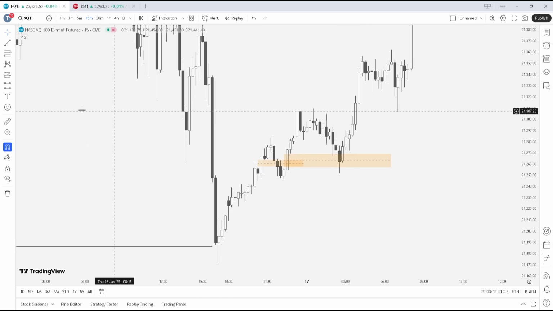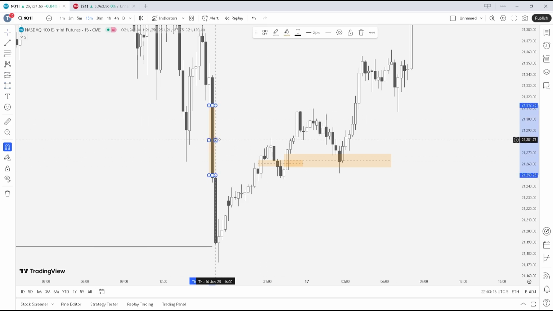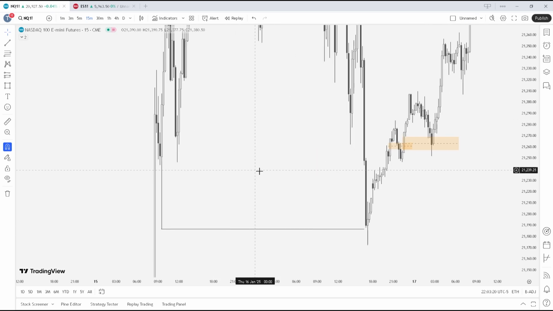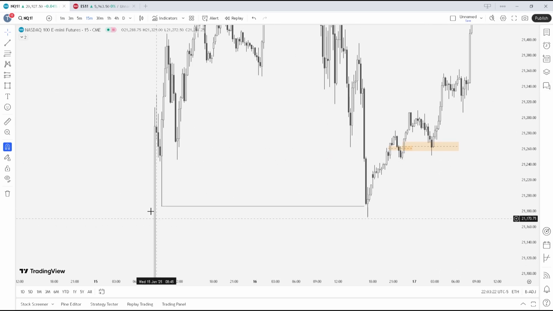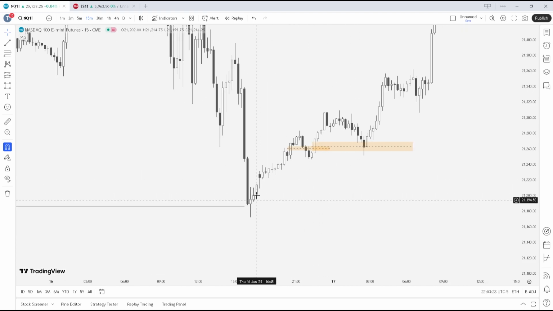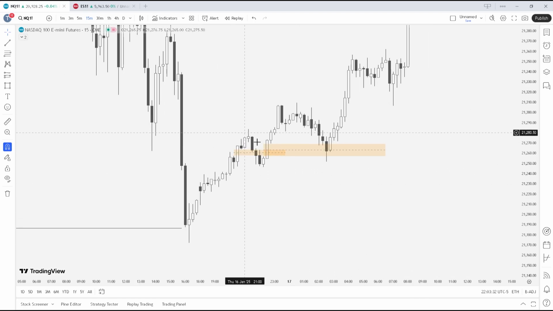So there is a SIBI right here, but we are expecting this to be disrespected, because once we come down and sweep the sell side, now we are anticipating a reversal, and from this move higher, we can see that we are making higher highs and higher lows. So we are swapping order flow from bearish to bullish.